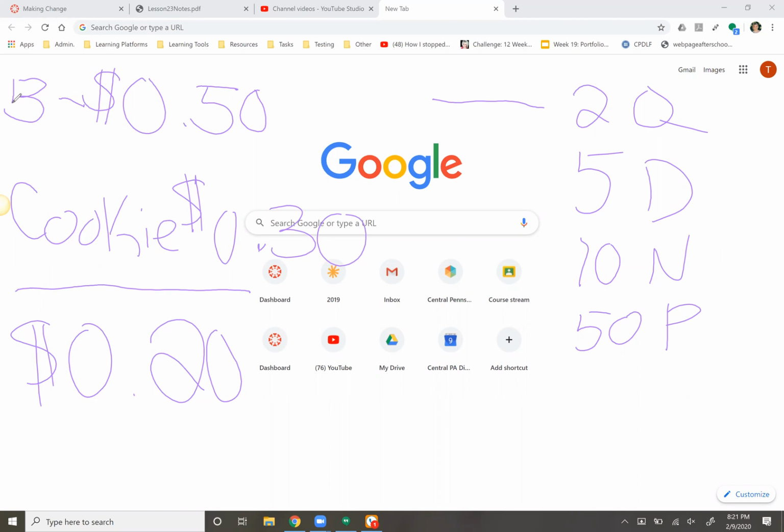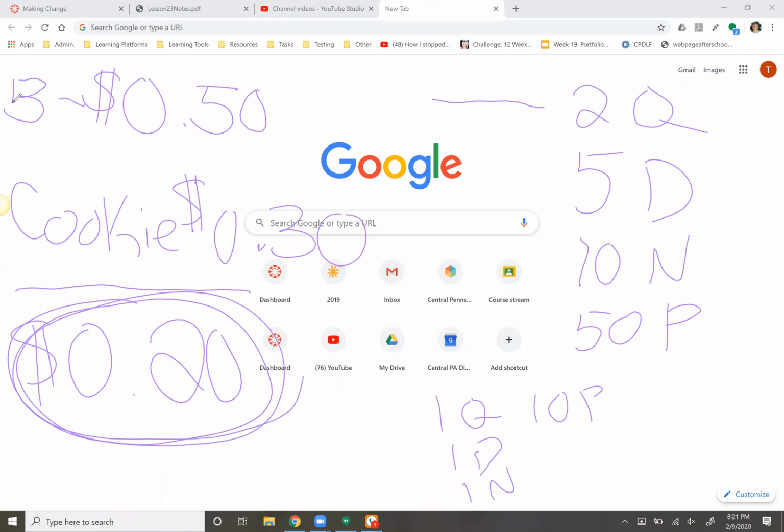So we could have maybe 1 quarter and 1 dime. That'd be 35. 1 nickel, 40, and maybe 10 pennies. Could be anything.